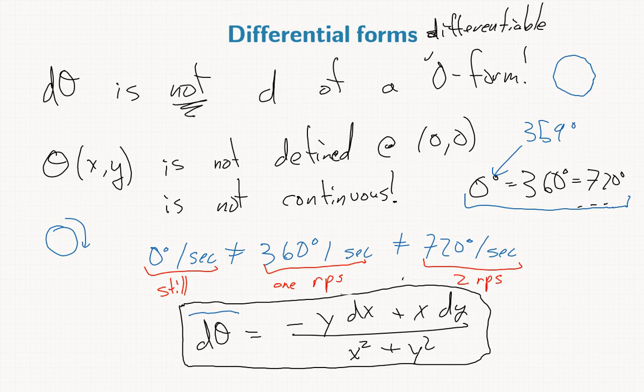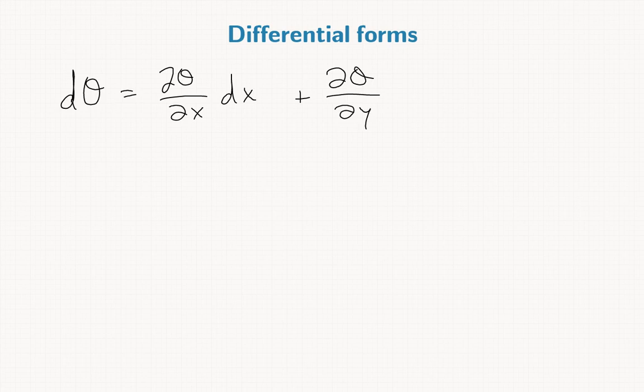Okay, and this is sort of related to my research, or is a starting point for that. Let me just finish by saying one more time the reason why we distinguish between these. d theta is del theta by del x dx plus del theta by del y dy.